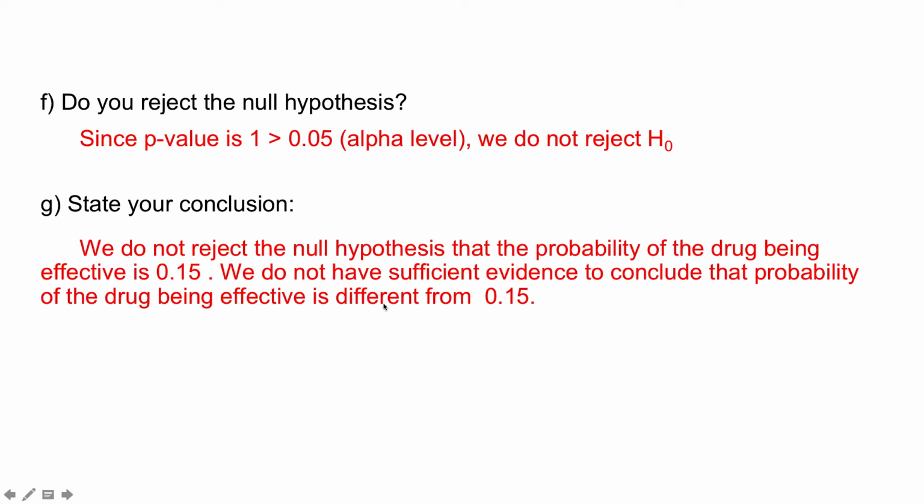This part is the decision: we do not reject. And this part is the conclusion: we do not have enough evidence to say that it's not equal to 0.05.